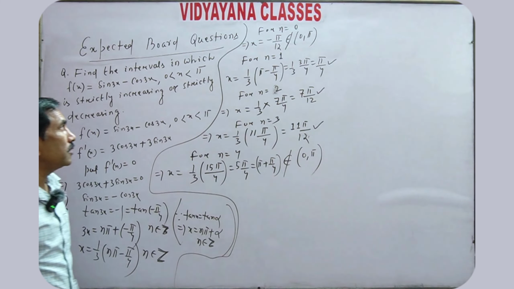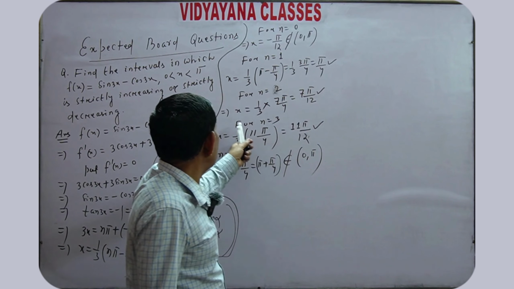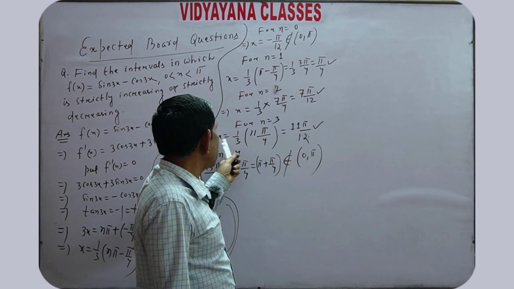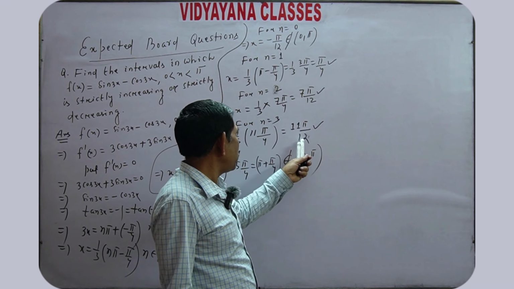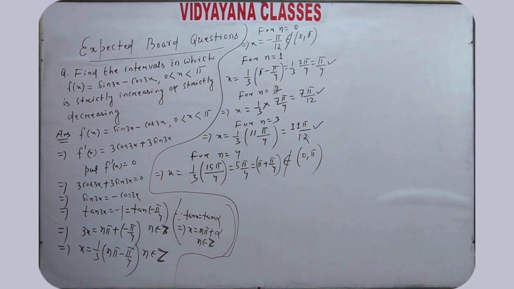Clear? So at x equal to pi by 4, x equal to 7 pi by 12, and x equal to 11 pi by 12, the derivative is equal to 0.